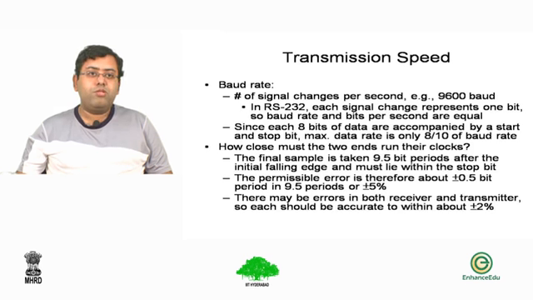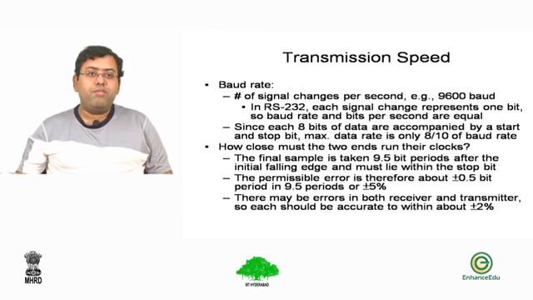In the RS-232 standard, each signal change represents 1 bit, so bit rate and baud rate are the same. Since each 8 bits of the data frame are accompanied by a start and stop bit, the maximum data rate is only 8 by 10 times the baud rate.